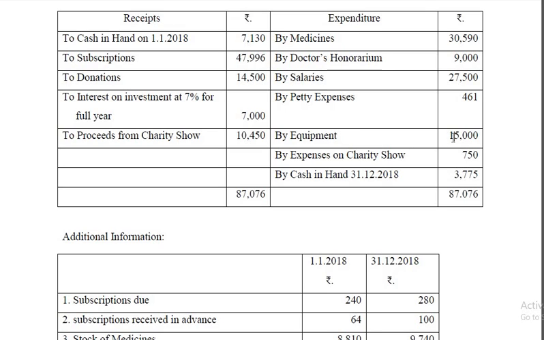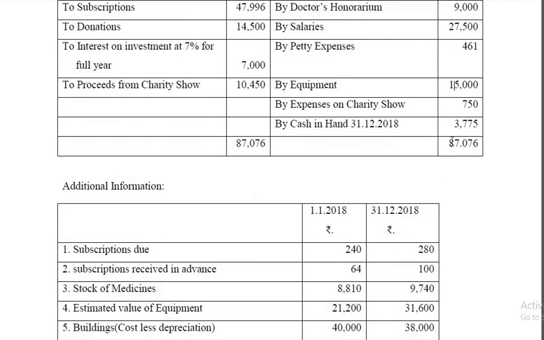Equipment, so opening balance, add additions, this one minus closing value, you will get depreciation. That will be shown in the income and expenditure account, and in the balance sheet, equipment, opening balance, add additions, minus closing stock, minus depreciation, you will get the closing balance.